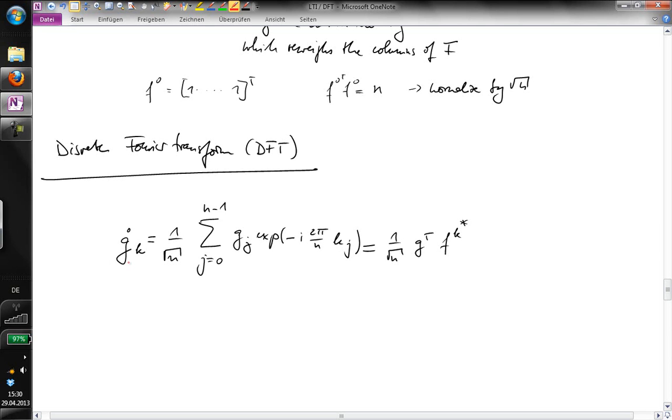So this was just for the kth eigenvalue, and if I want to do it for all simultaneously, I can write that first as a row vector, so G transform transpose.